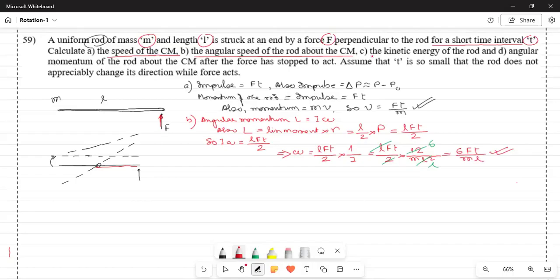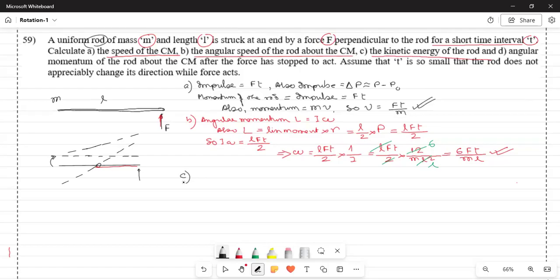Third, the kinetic energy of the rod. What is the kinetic energy of the rod? This is part C we are doing. Now the rod has a translatory motion as well as a rotatory motion, so it has two types of kinetic energy. One is a rotational kinetic energy, and another is a translational kinetic energy.